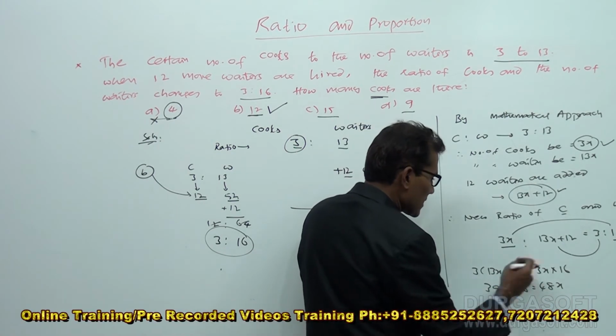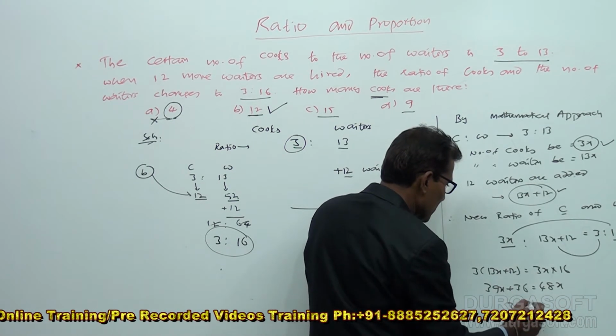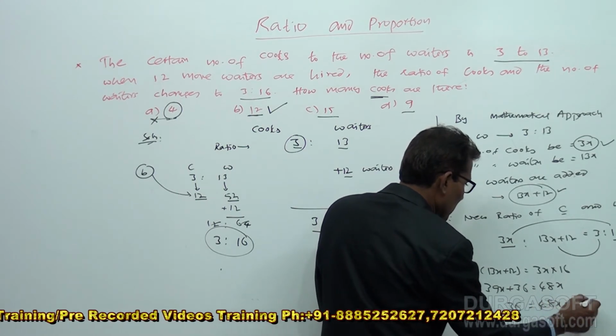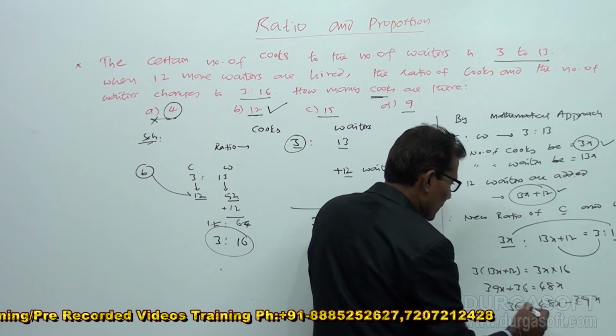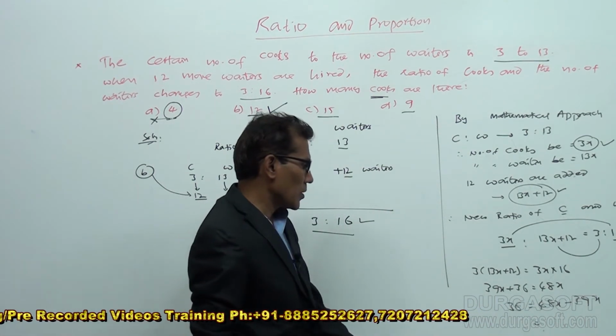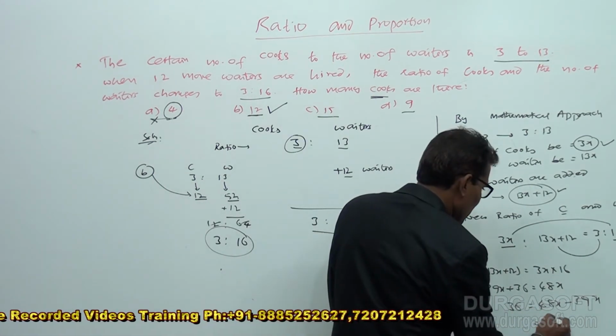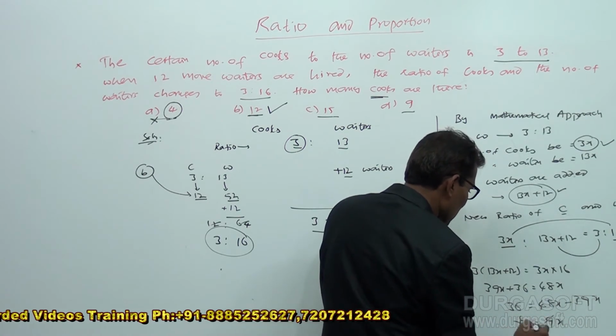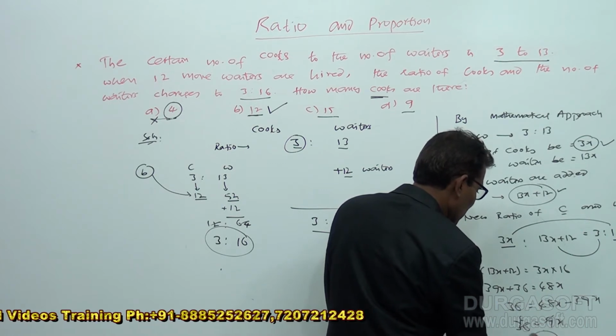Now collecting 39x on the other side, 36 equals 48x minus 39x. 48 minus 39 is 9. So 9x equals 36, 9 fours are 36. So x is equal to 4, we got.